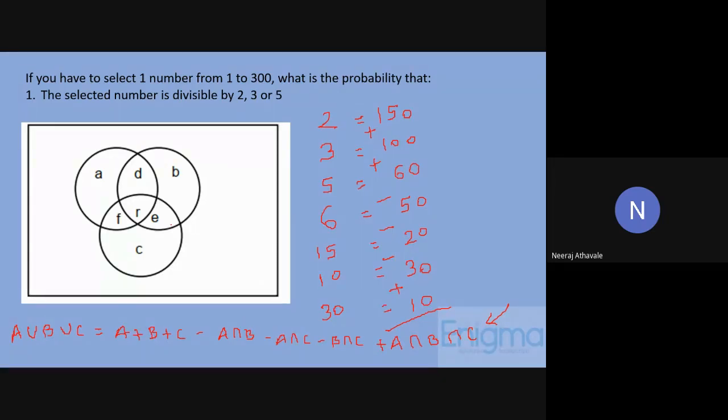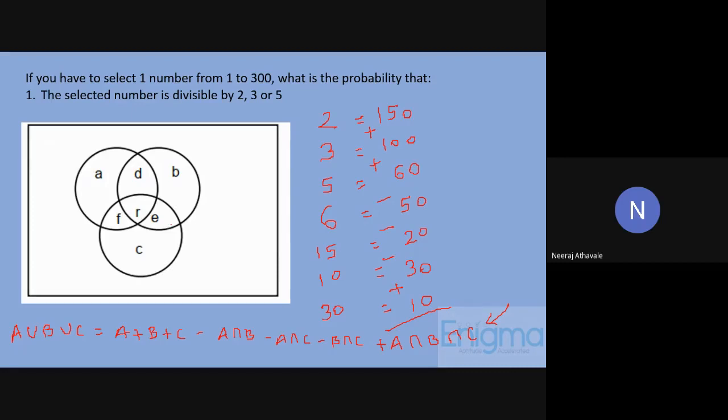Instead of a Venn diagram, you can also use this formula. For this particular question, that seems to be faster, but many times the Venn diagram is useful as well.